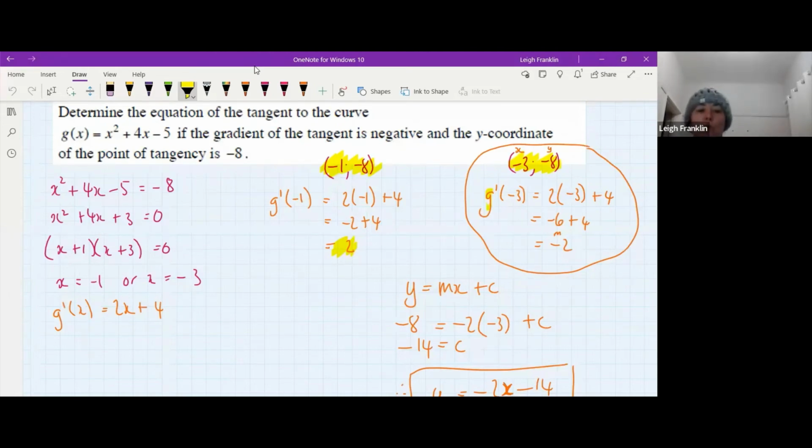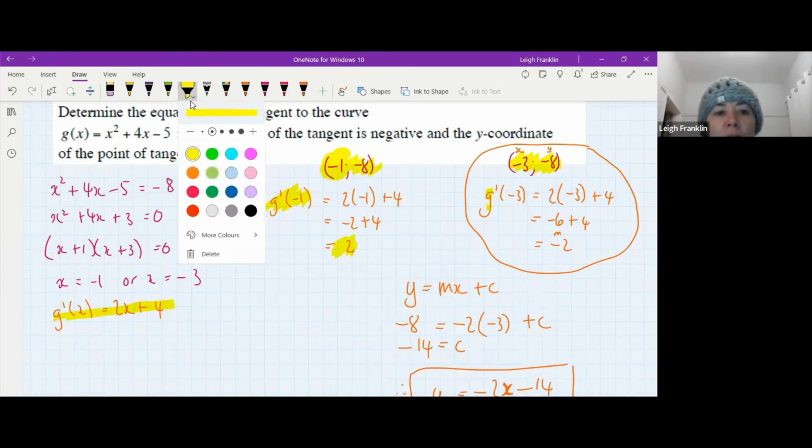So I was subbing my x, my -1, into my derivative to work out what the gradient of the tangent is going to be at x equals -1. As it turns out, at x equals -1, the gradient of the tangent is positive. It's +2.